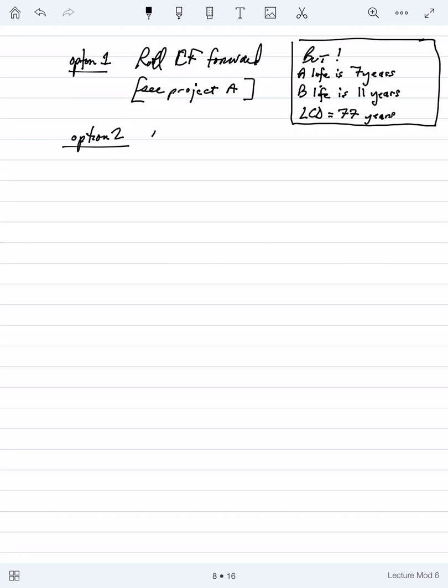So option 2 is to calculate the equivalent annual annuities, and then you select the best annuity that results.